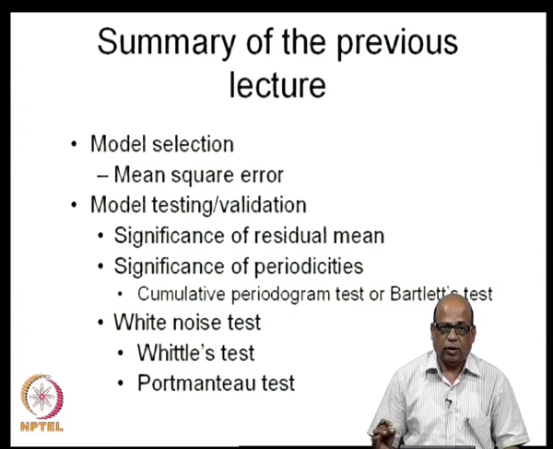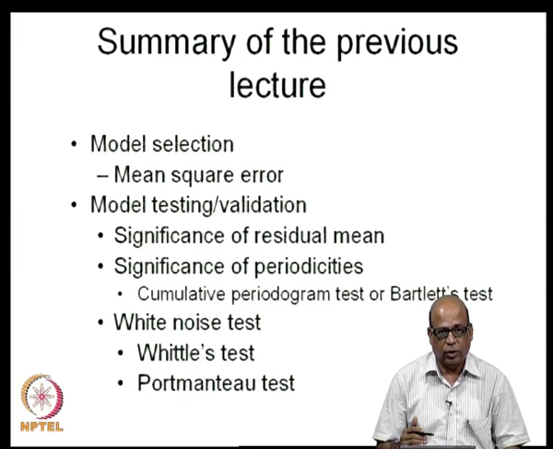Corresponding to each of the candidate models, for the validation data, we compute the likelihood values in the maximum likelihood case, and in the mean square error case we calculate the mean square error when the model is applied for the validation period.